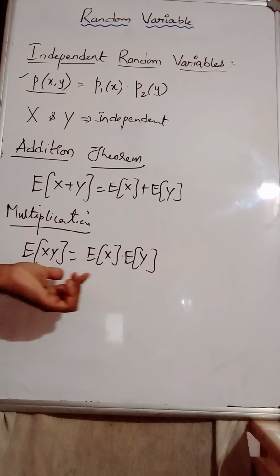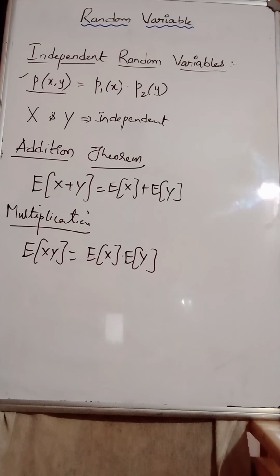Here expectation of xy equals expectation of x into expectation of y. Here what we need to write? If x and y are independent random variables, then the expectation of the product of the two random variables is expectation of x into expectation of y. So this is the multiplication theorem.